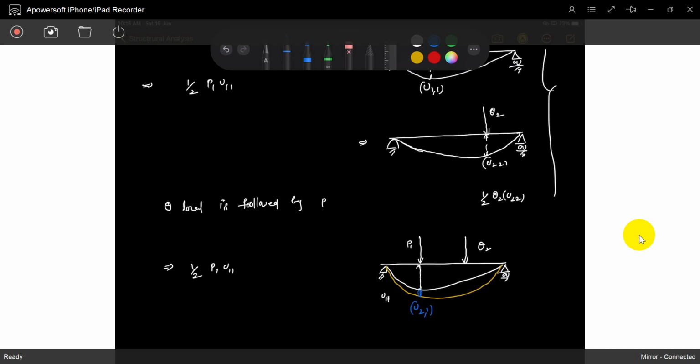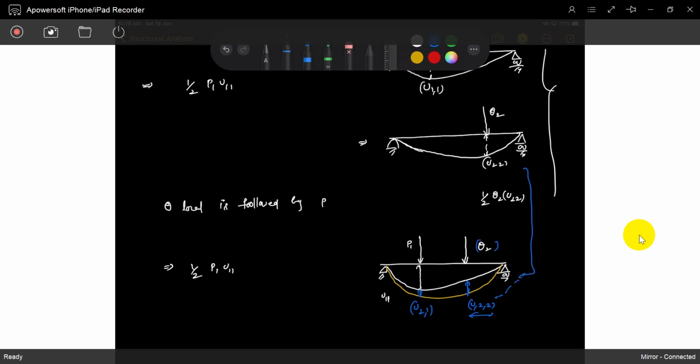Understood? By the application of the second load, the deformation is in the first direction. And this one is delta 22, for the application of Q2, the deformation in the direction of the second direction.